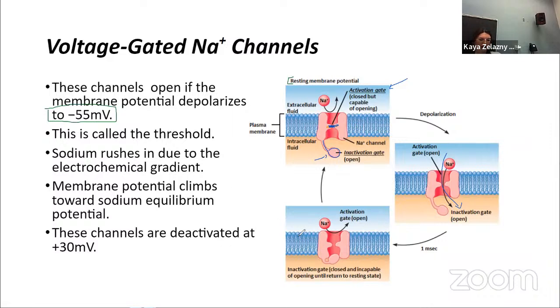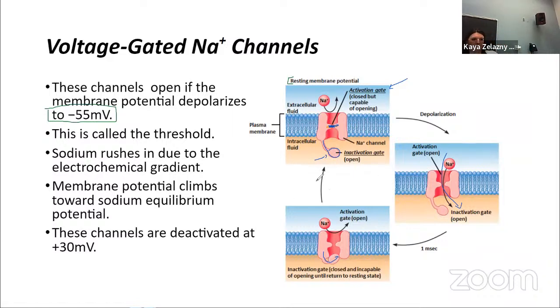After a little bit of time, the inactivation gate gets triggered and it closes over. So at this point, sodium can't get through because the inactivation gate is closed, and it's not going to be able to open again until we get back to the resting state. So for a little while, the activation gate will be open, but the inactivation gate will be closed until we fully repolarize.